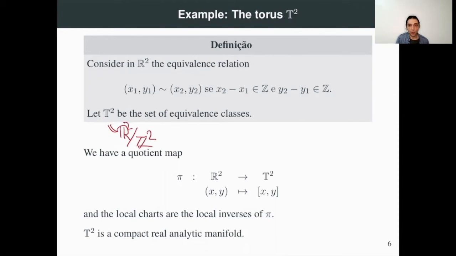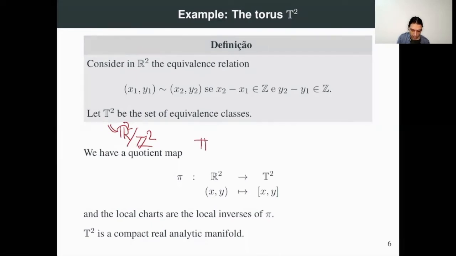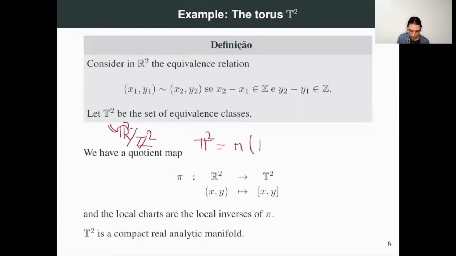And what we are going to point out right now is that our torus is actually a compact manifold. The reason is that the torus is the image by pi of the square, the closed interval [0,1] times itself. Because if you have any class, this class has a representative which is a vector with both coordinates between 0 and 1.